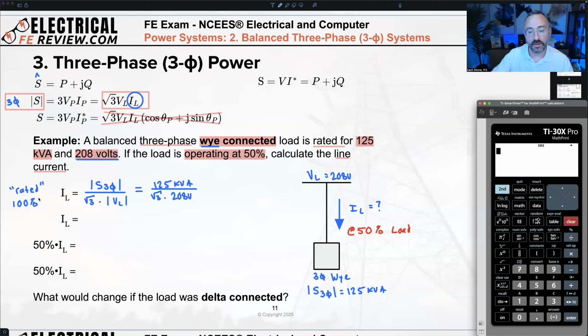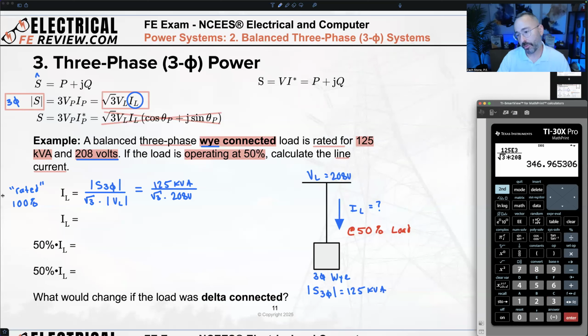What do we get? If this machine was operating at 100% load or rated conditions, what would the line current be? So fraction sign, 125 kVA is 125 times 10 to the 3. 10 to the 3 is your times 1,000, it's your K. Divided by square root of 3 times 208 volts.